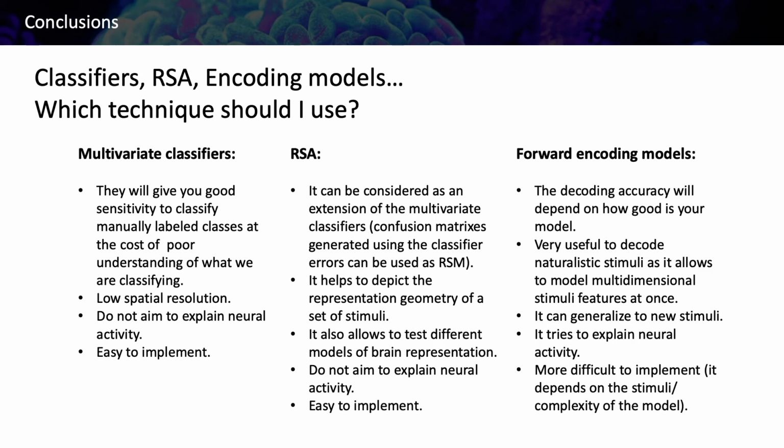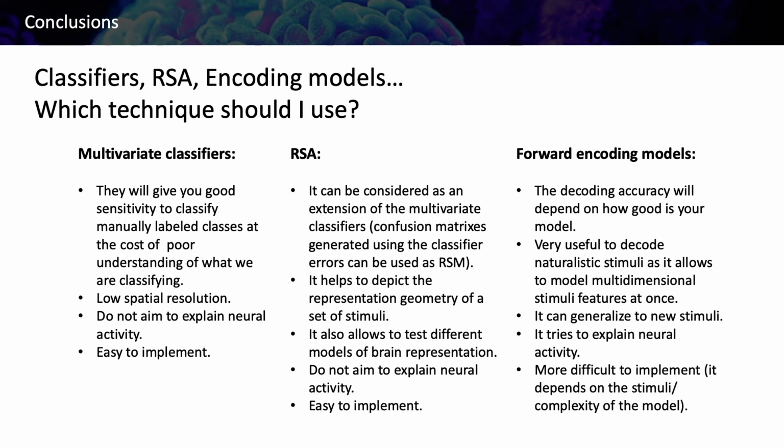And finally, what we have been learning here are the forward encoding models. The decoding accuracy will depend on how good your model is. Compared to classifiers or even representational similarity, it's really useful for decoding naturalistic stimuli, because you can fit as many dimensions as are present in them. Naturalistic stimuli are super rich, in semantic and sensory content.